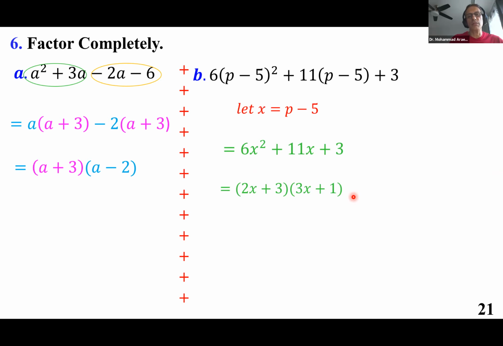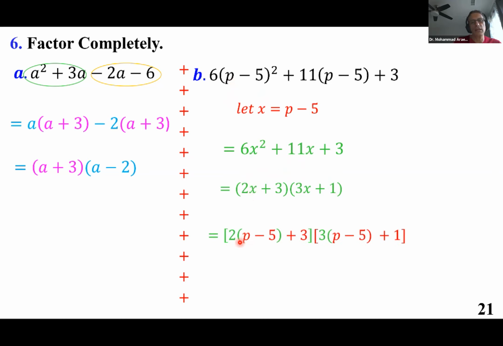And always check the middle term. This is easy. 2x times 3x is 6x squared. 3 times 1 is 3. But the product of these two, which is 9x, the product of these two, which is 2x, they add up to 11x. Yes, then it's correct. Now remember, the original one involves p, therefore x must be changed to p minus 5.